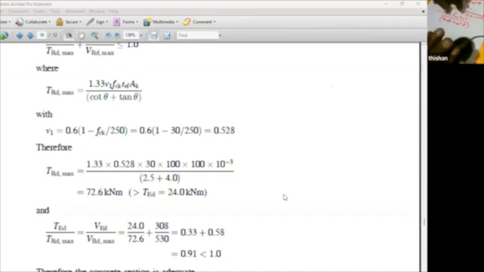What are the important things we can summarize? Generally you never get torsion, but in the case of transfer beams, you can get torsion. Then you have to do a careful calculation. The calculation is straightforward, but it involves several steps.